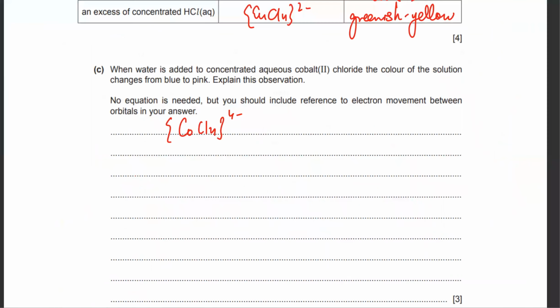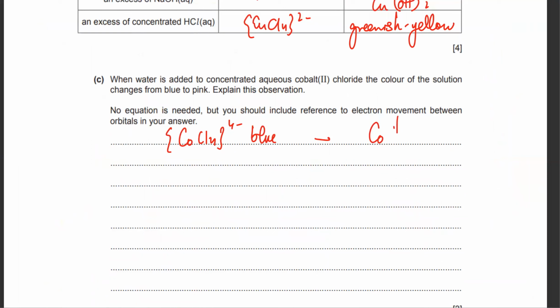CoCl4 is blue, and if you add water to it, there would be 6 water molecules attached to it, 2 plus, and this is going to be your pink. So the question is, why is the color changing from blue to pink?